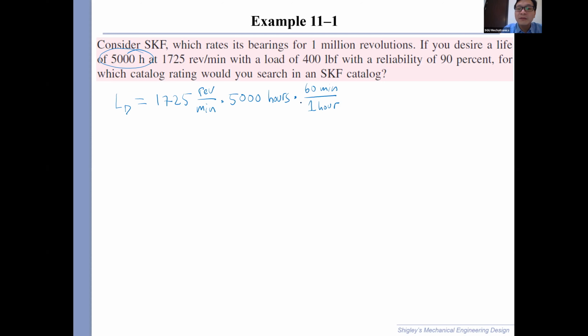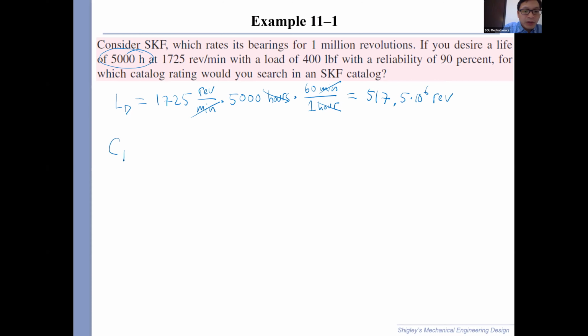If you have trouble with conversions, notice how I arrange the numerator and denominator. I intentionally do this because I need to get rid of hours, so I put the hour on the bottom. And this minute also cancels. So what we have now is 517.5 times 10 to the 6 revolutions. So we have converted the requirement of 5,000 hours into revolutions.